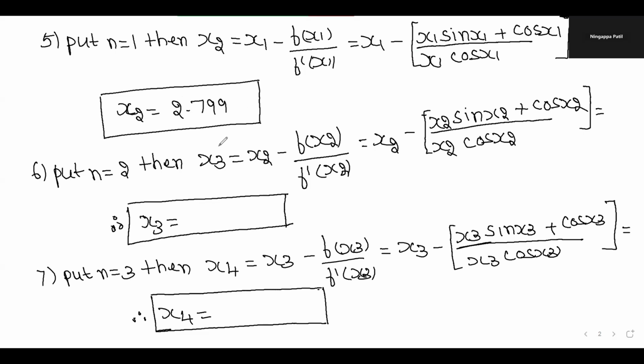Then the x3 value, how much did you get? 2.798. And the x4 value, how much did you get? 2.798. Look here. These two values are the same.